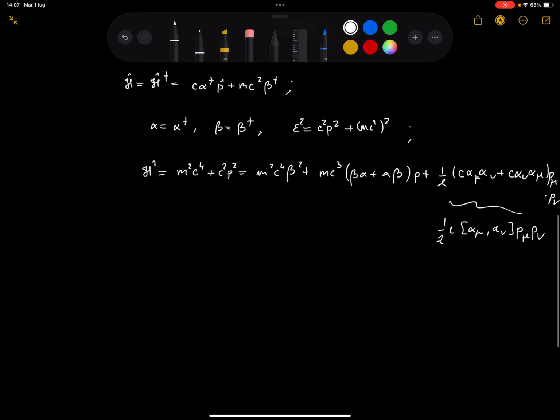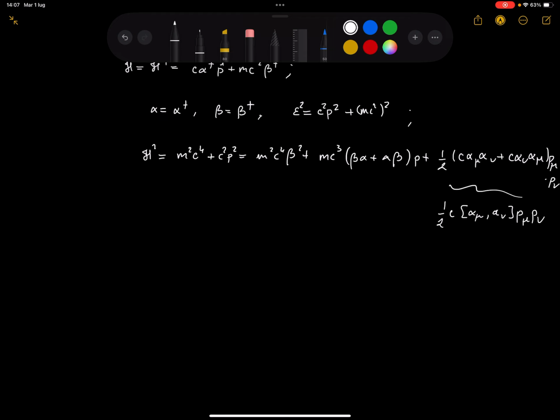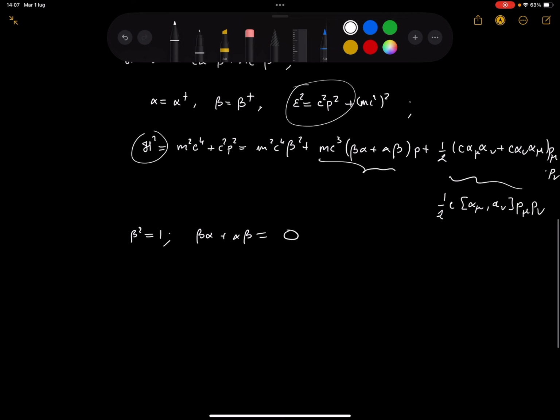Right. And from here, knowing that this should match this, we get that beta squared should equal 1, beta alpha plus alpha beta should be null, because this term is absent in the relativistic relation, and the commutator for the alphas, right?